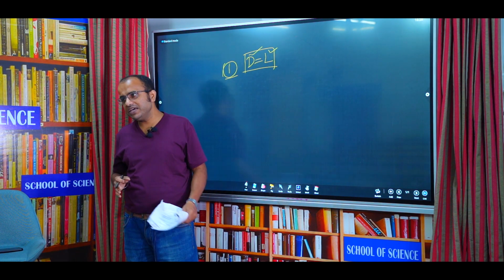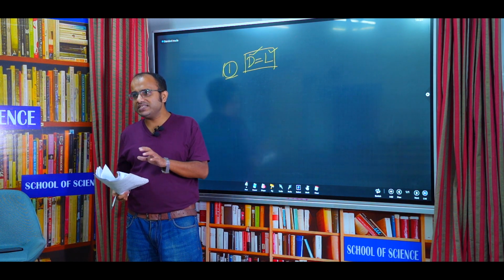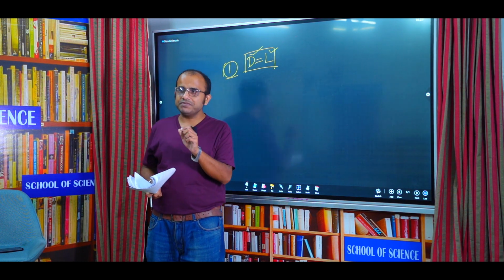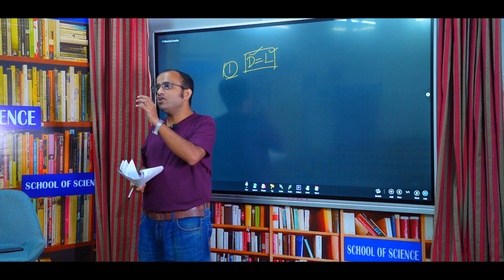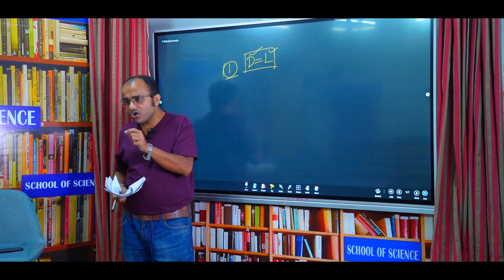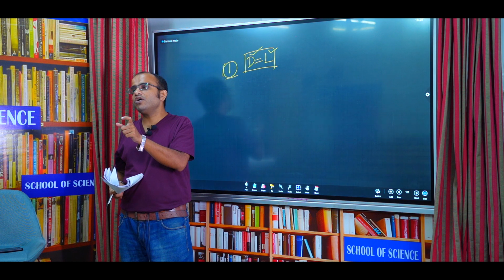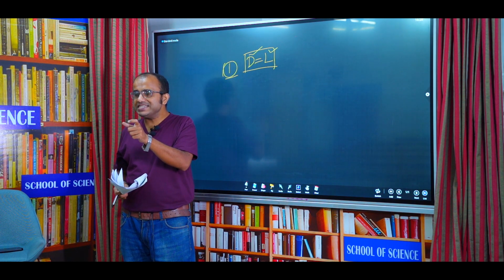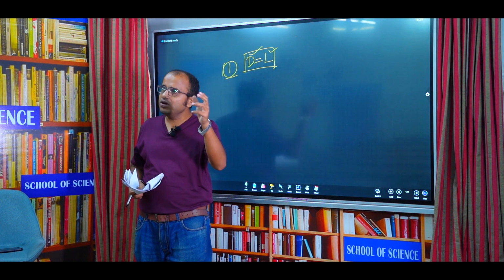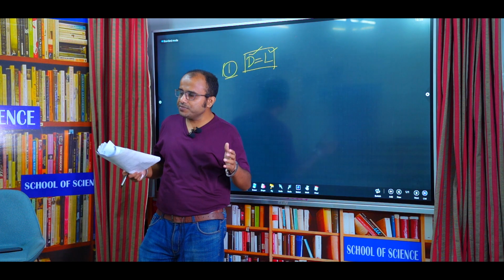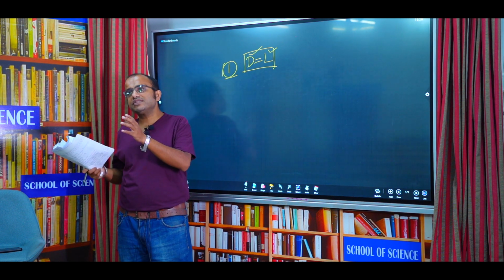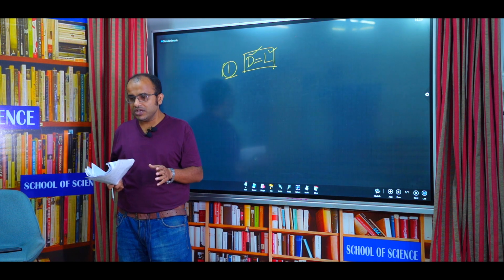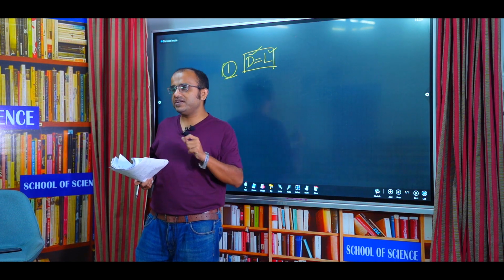So again I am repeating, the basic concept in this formula is that if there is a pole or any object, then the thickness of the pole or the man or any object is negligible in comparison to the length of the train. That's why we are not considering it, only the length of the train.